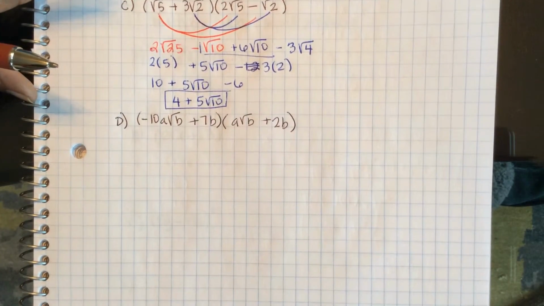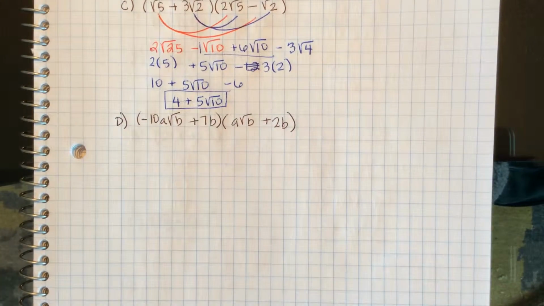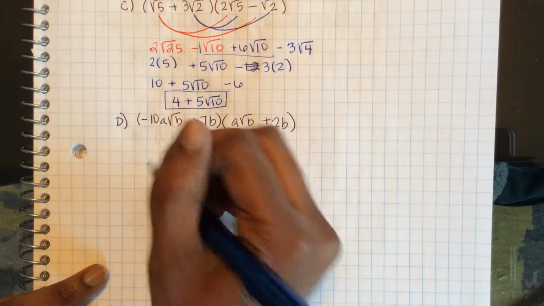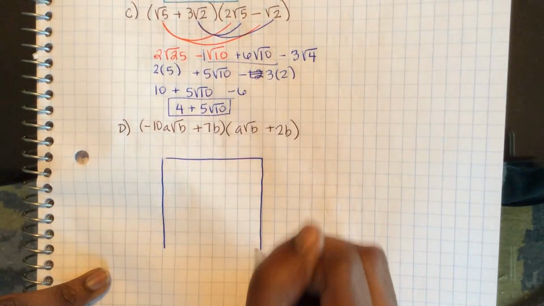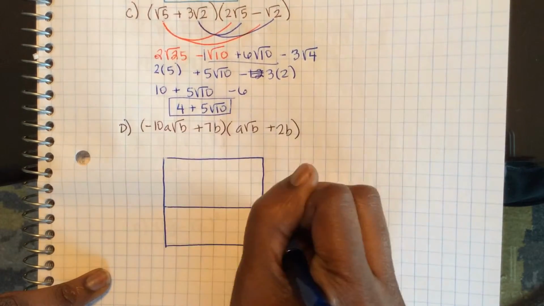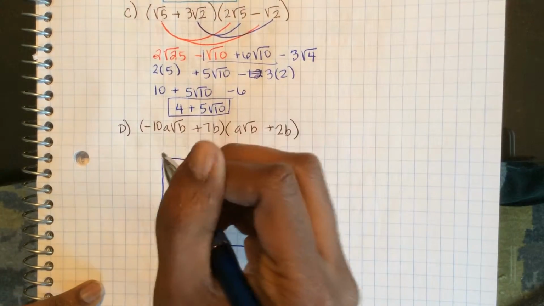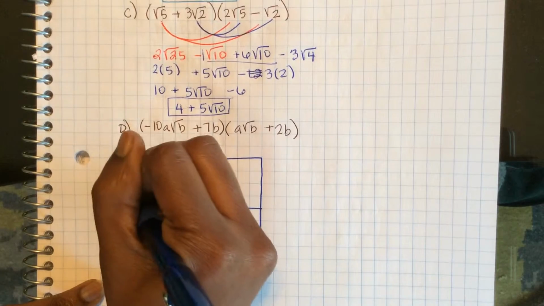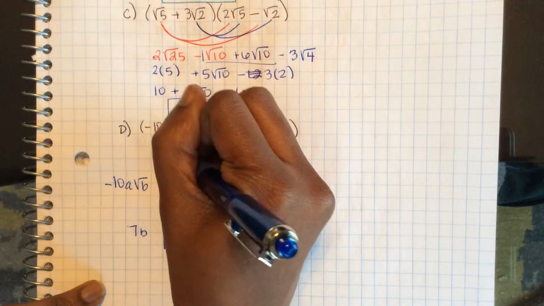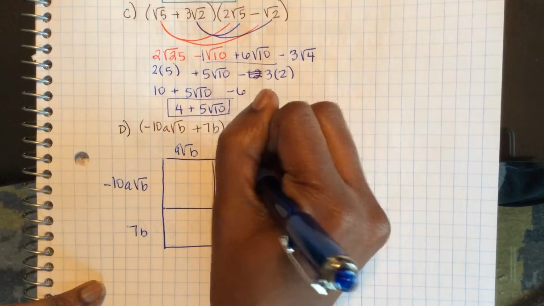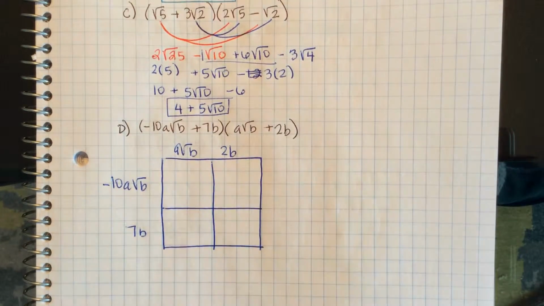So lastly, in part D, remember, if you don't like to use the rainbow of FOIL, you can also draw a box. So I wanted to make sure I showed both methods of multiplying. So this would be negative 10a square root b, and this is 7b, and this is a square root b, 2b. So let's see what happens.